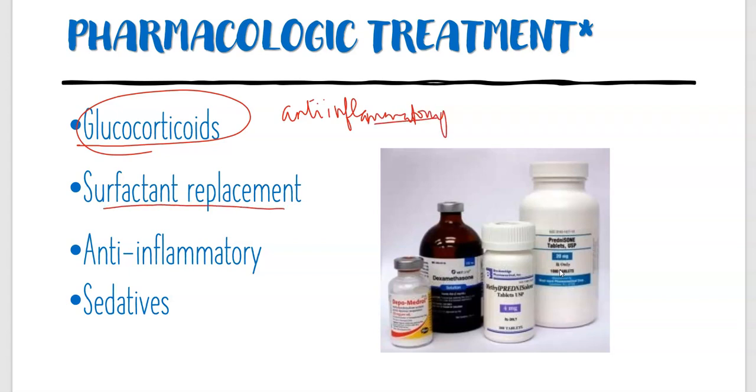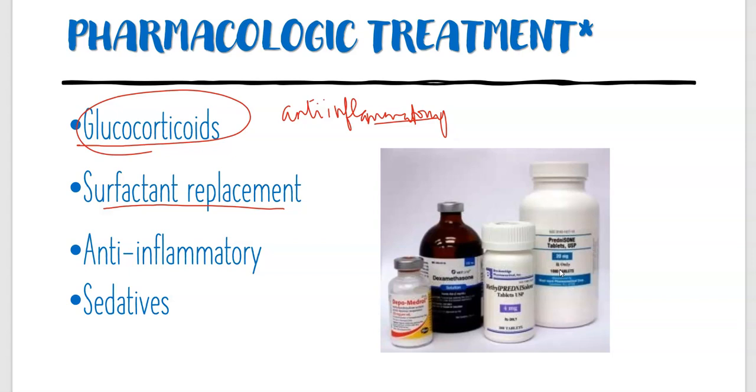Surfactant replacement because there's loss of your surfactant. And because there's loss of your surfactant, you need to give what is missing. Para pwede na ulit mag-expand at saka mag-inflate ulit si ating alveoli.